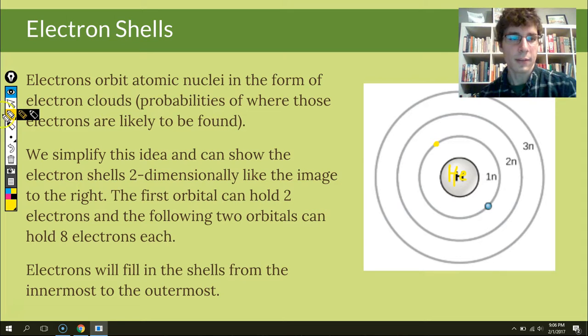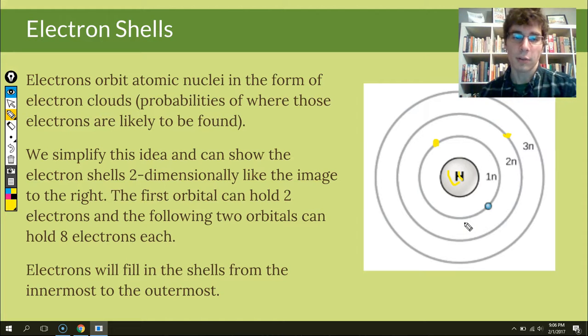If instead we had lithium, Li, then we're going to have 2 electrons on this inner shell. The third electron, because lithium has 3 protons, is going to have to bounce out to the next energy level. So in the case of lithium, we have a full inner shell with 2 electrons, and the next electron shell is going to have 1 electron in it.